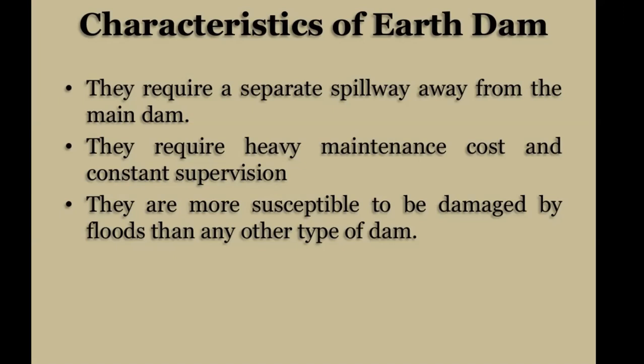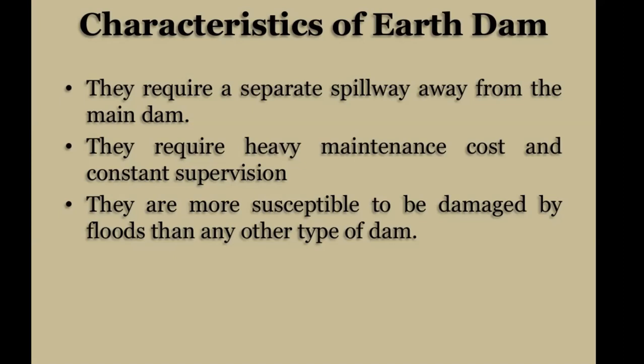For that purpose, there is a separate provision, a separate structure, that is the spillway. It may be present within the dam, not over the whole area of the dam but in a portion, generally at one side near the bank, at one edge of the bank, from where water is allowed to discharge.